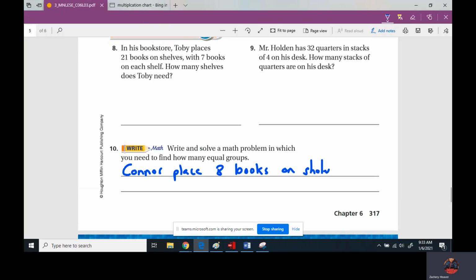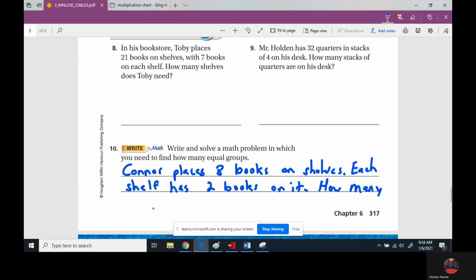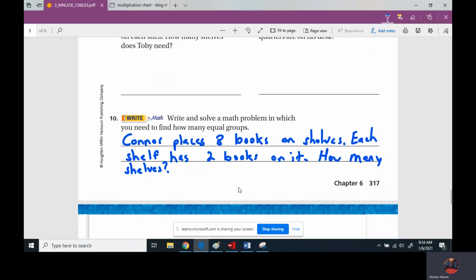We're going to use it from another question you'll see. Connor places 8 books on shelves. Each shelf has 2 books on it. How many shelves? So he has 8 books on shelves, and there's 2 books on each shelf.